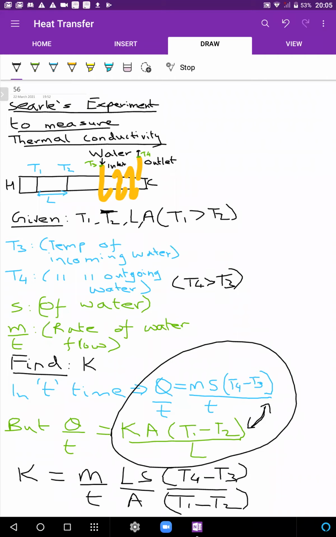Did you get it now? It's actually a very simple experiment. Got it?